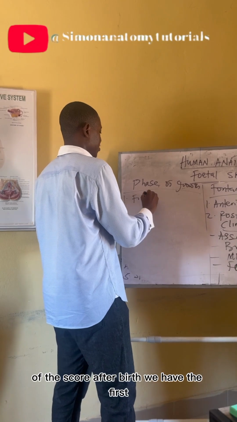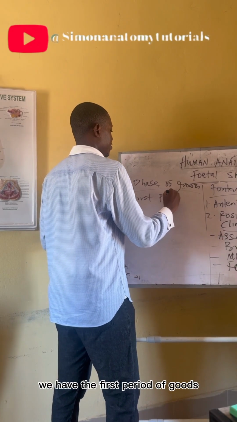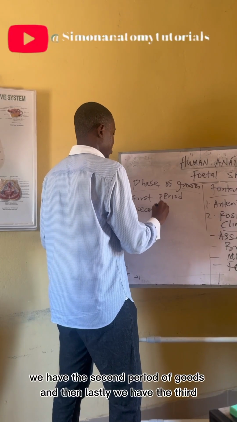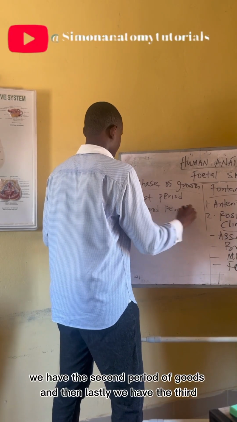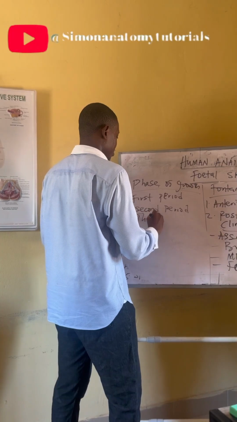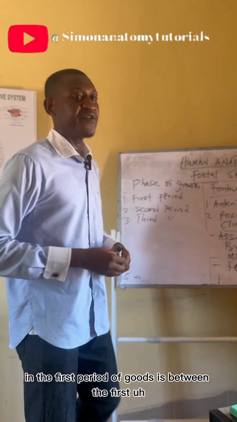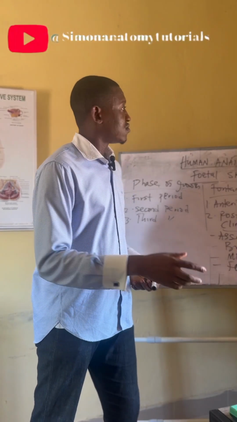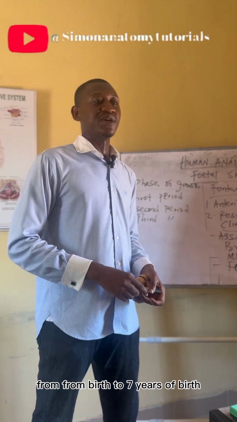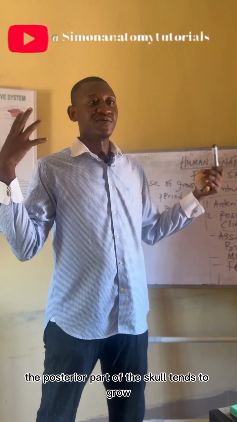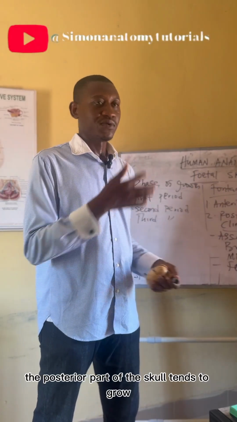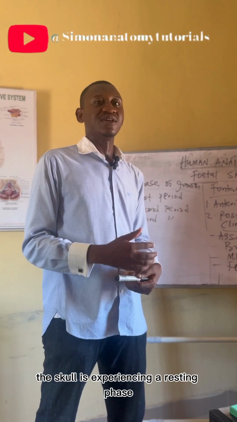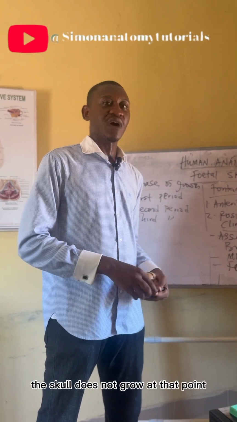We have the first period of growth, the second period of growth, and then lastly the third period of growth. The first period of growth is from birth to 7 years of age. The posterior part of the skull tends to grow, while in the second period of growth, the skull is experiencing a resting phase. The skull does not grow at that point.